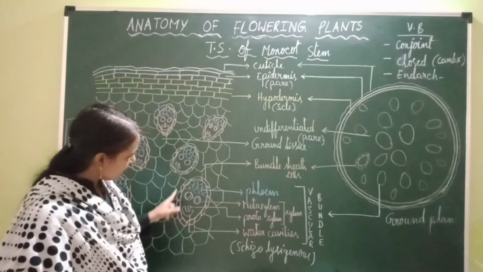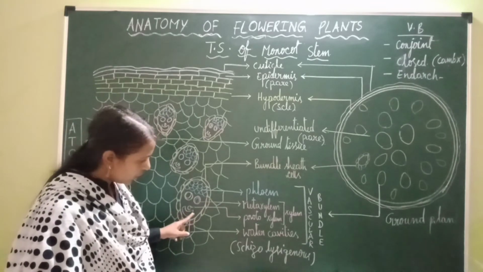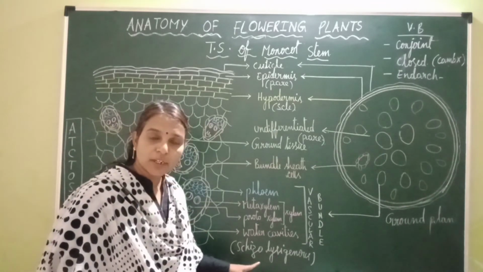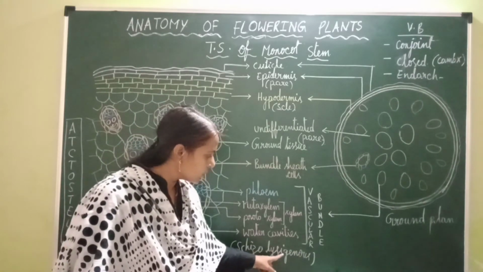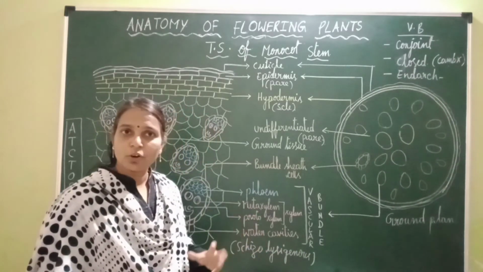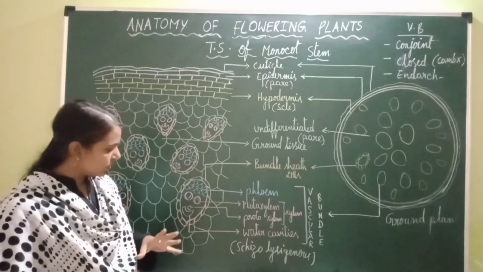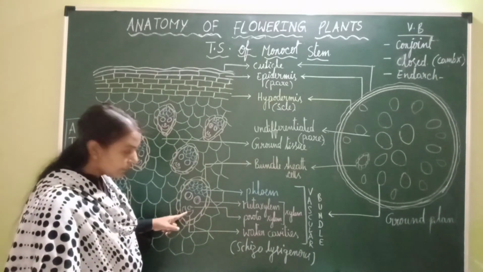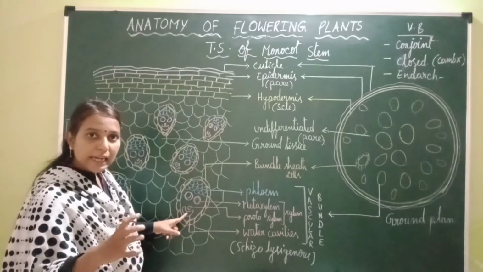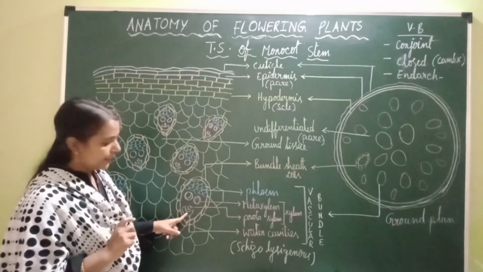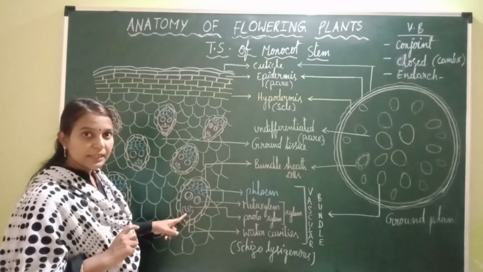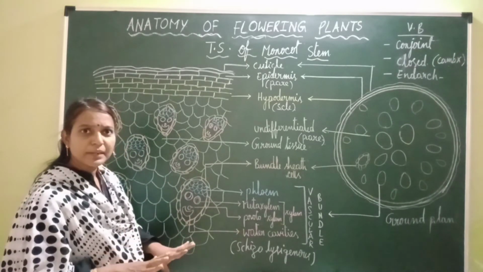Okay. In these vascular bundles, in the xylem, water containing cavities are present. These water containing cavities are also called schizolysigenous cavities. Why are they called schizolysigenous cavities? In monocot stem only primary xylem is present.